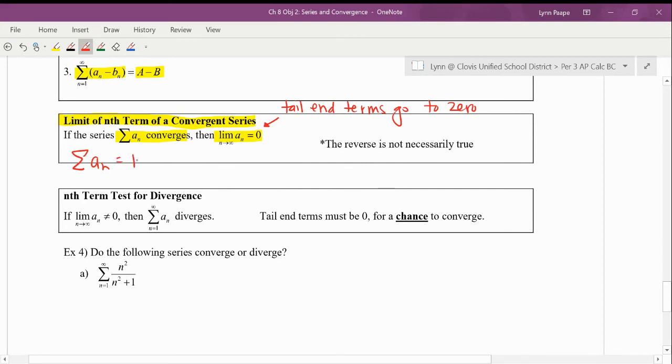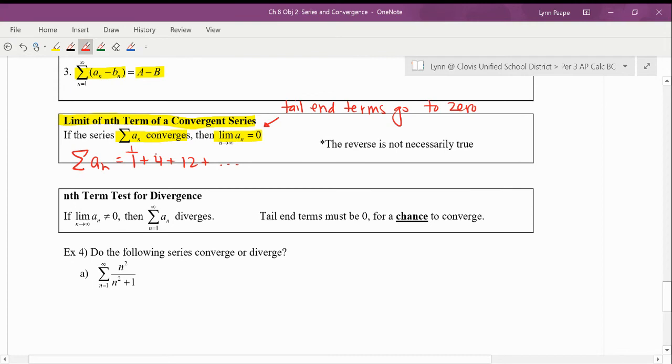So if I have whatever the sum looks like, let's say it's like 1 plus 4 plus 12 plus so on and so forth. So right here, the sequence is not going to 0, right? Because they're getting bigger and bigger. So the end terms are not approaching 0. They're approaching something bigger than 0. And that's just by looking at whatever I have here.